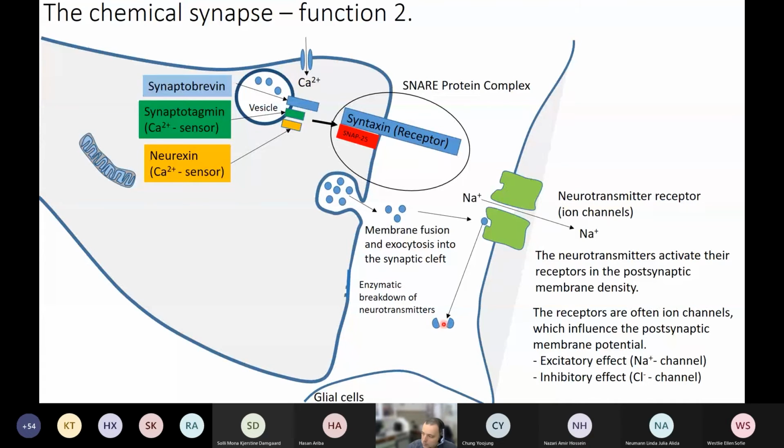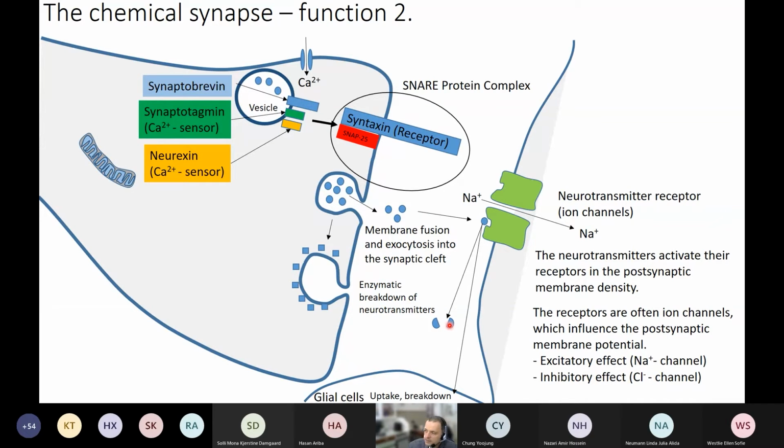And these breakdown products, or the neurotransmitter proper in another mechanism, are taken up by the glial cells. Sometimes the presynaptic neuron itself picks up the breakdown products or the neurotransmitter per se, and then it may get reactivated, or there is a certain reuptake sometimes also in the neuron taking place, but glial cells can clean the synaptic cleft, and they can remove the neurotransmitters from there.